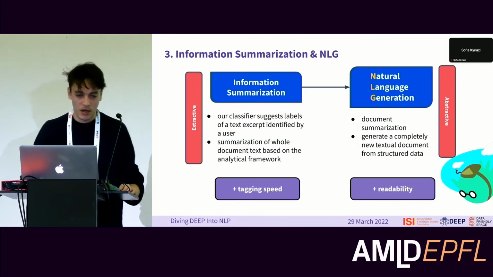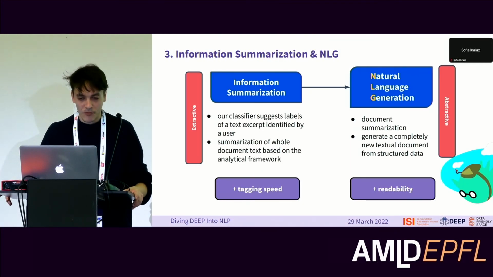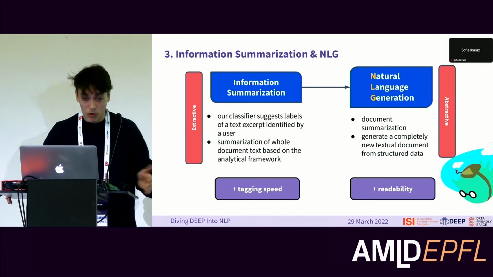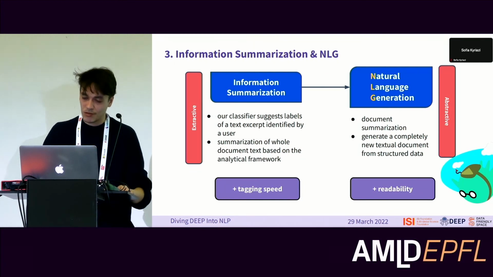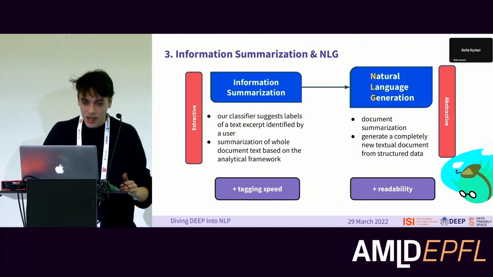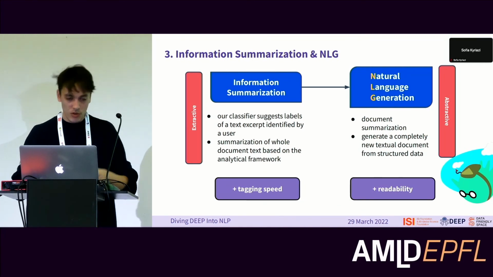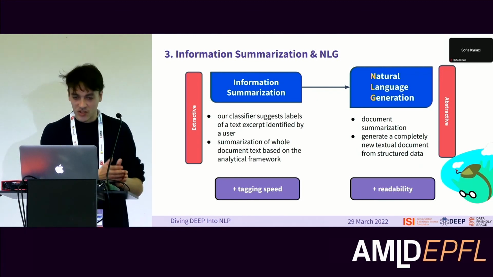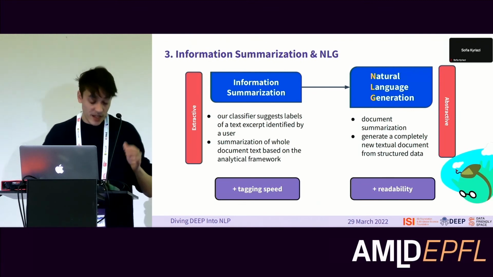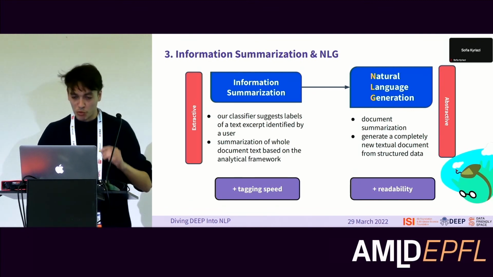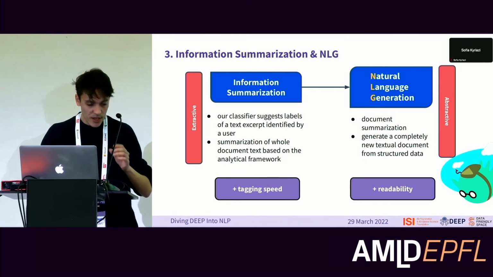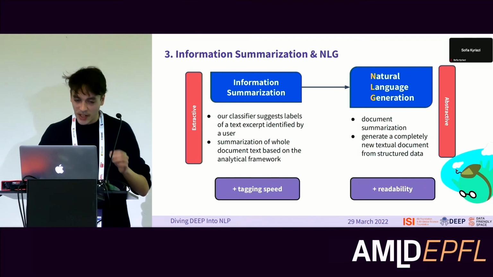And then, last but not least, we already started working on information summarization and, in parallel, natural language generation. I separated the slide in 2. First, some classic summarization tasks in an extractive way, like a TextRank model, because now our classifier suggests labels for a text excerpt that is identified by a user.